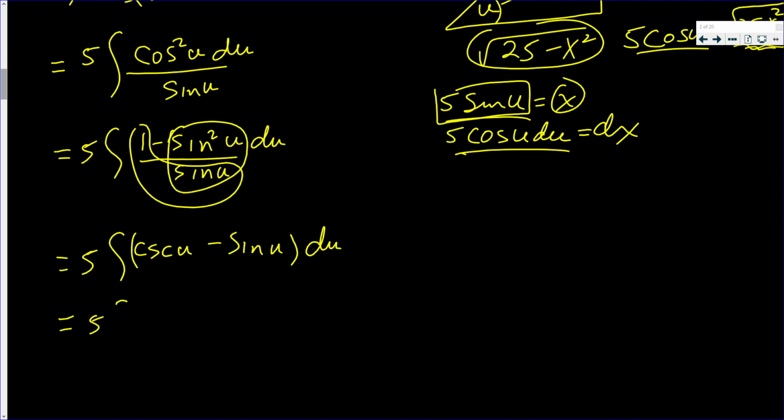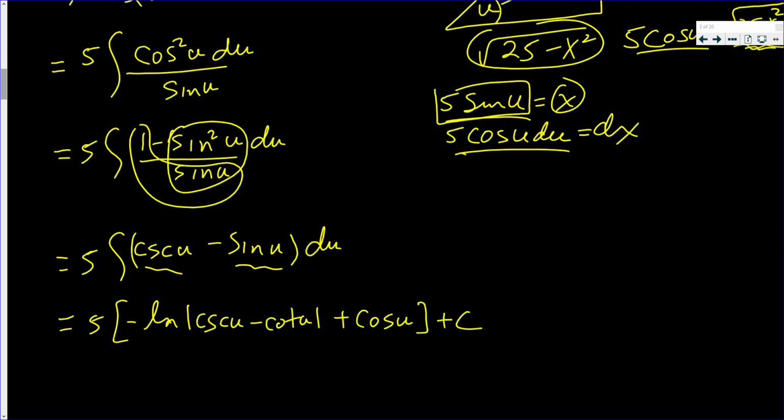So this is 5 times the integral of cosecant of u, which is negative ln of cosecant u minus cotangent u, minus the integral of sine of u, which is negative cosine of u, plus a c. Wanted to check one little detail on my last line. This minus sign shouldn't be there.